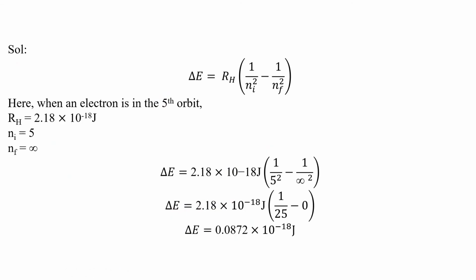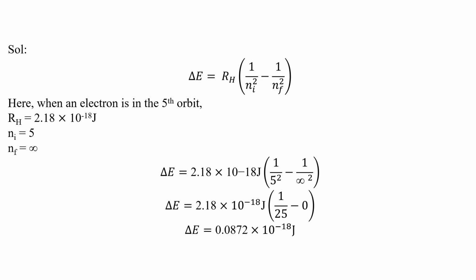The first sentence of the question indicates that we are dealing with an absorption spectrum. What would be the values of Ni and Nf here? In an absorption spectrum, in this case, you are supplying some amount of energy in order to make the electron move from the fifth orbit to an nth orbit at infinity.